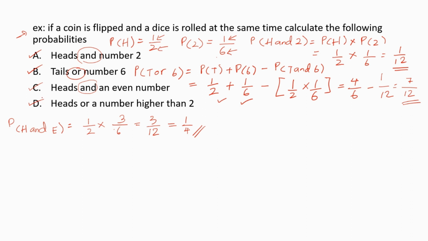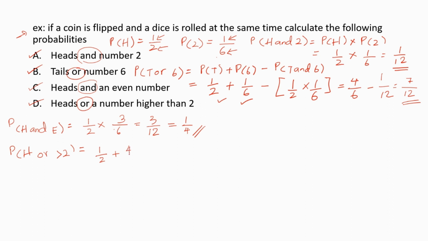Now let's do option D. Probability of getting heads or a number higher than 2. Now you see the term OR. This is the addition law. Let's denote it like this. It equals 1 over 2 plus, how many numbers are higher than 2? 3, 4, 5, 6.